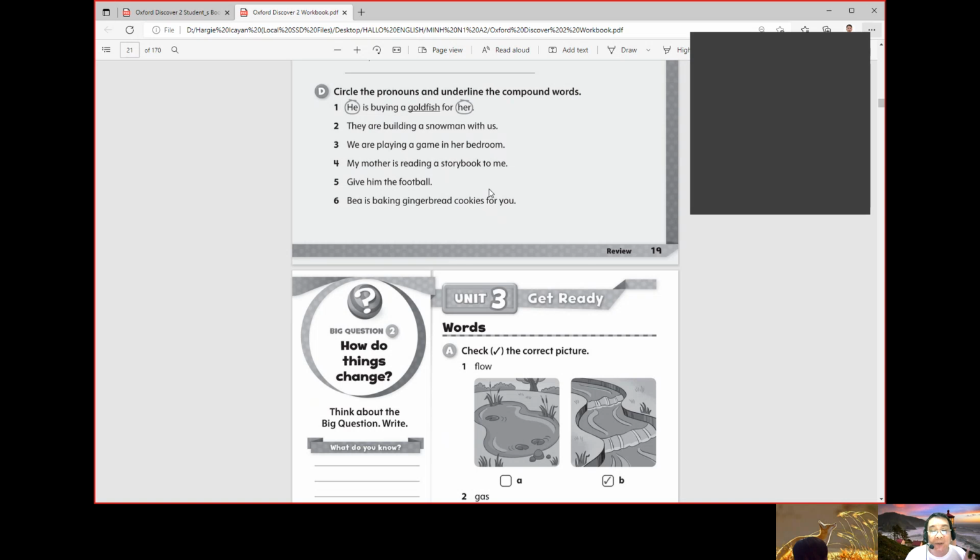Me is also an object pronoun, right? So it could be I, me, or my. Both of those are object pronouns. What about the compound word? Storybook. Very good. Number five.